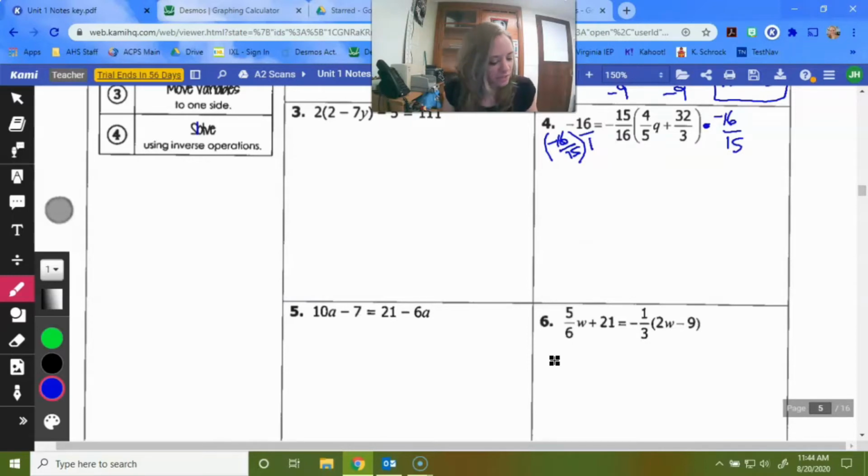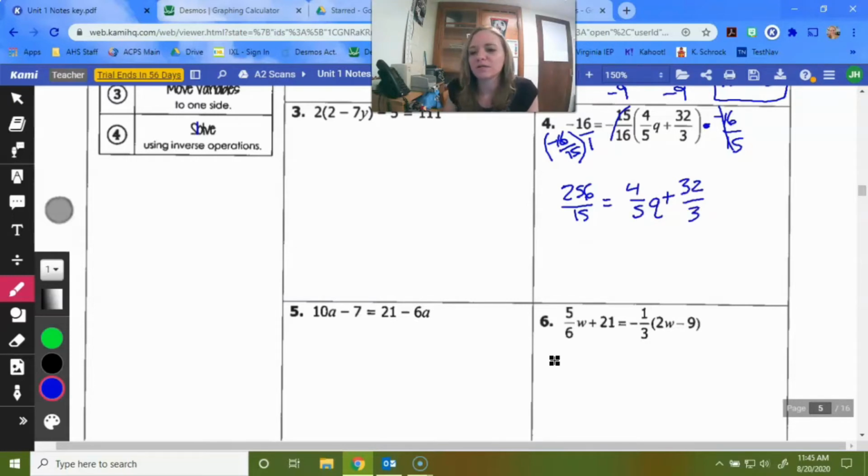So 16 times 16 is 256 over 15 equals... Alright, now, since I multiplied by its reciprocal, I know this is going to go away, and this is going to go away. So all I'm left with is 4/5 q plus 32 over 3.